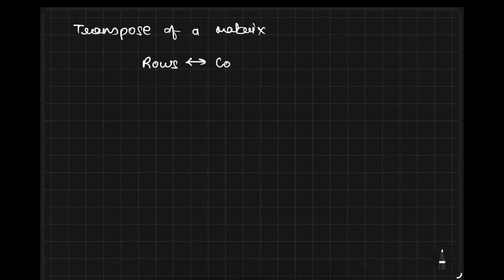Now we have transpose of a matrix. Suppose that you have to change rows into columns or columns into rows.